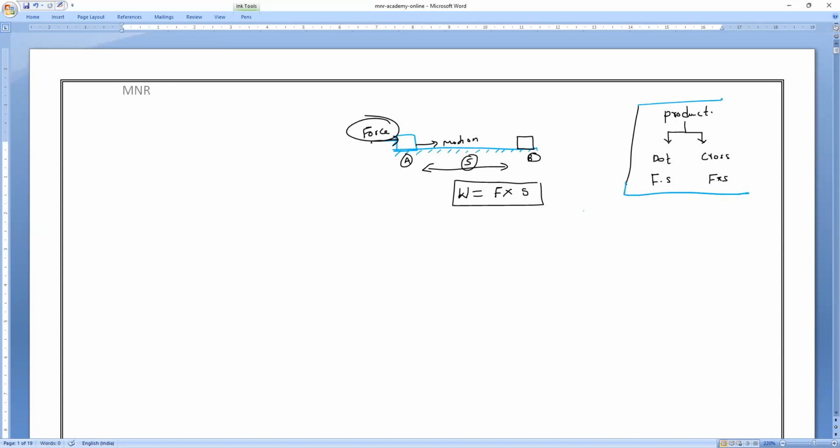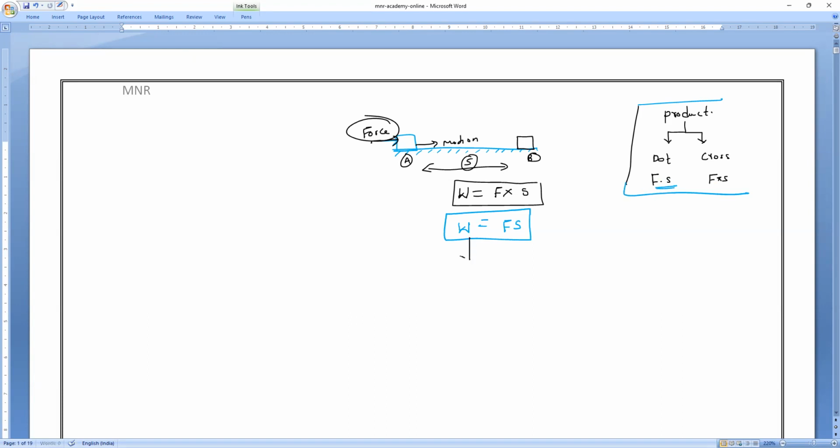So now, work done is equal to force times displacement. But in class 11, you will write force dot S, that is, work done equals force dot displacement. This indicates a dot product. What dot and cross are, we will study later. For now it is not required, just focus on this.